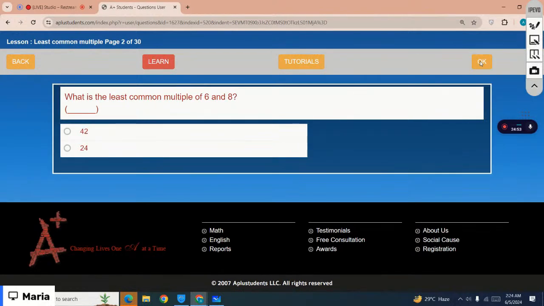The next one is, what is the least common multiple of 6 and 8, which is the correct option?